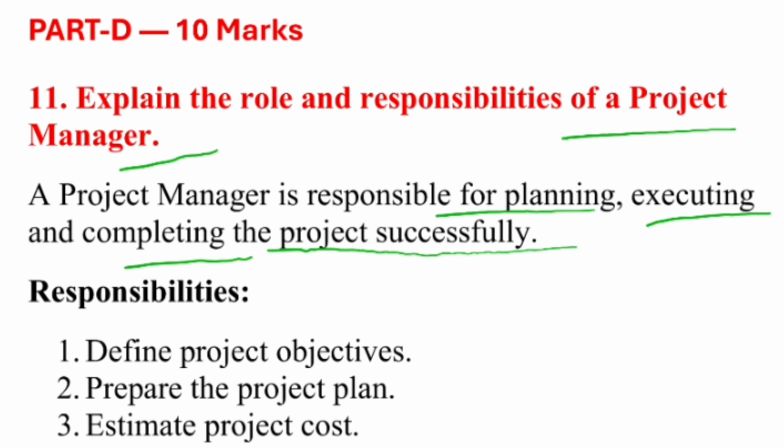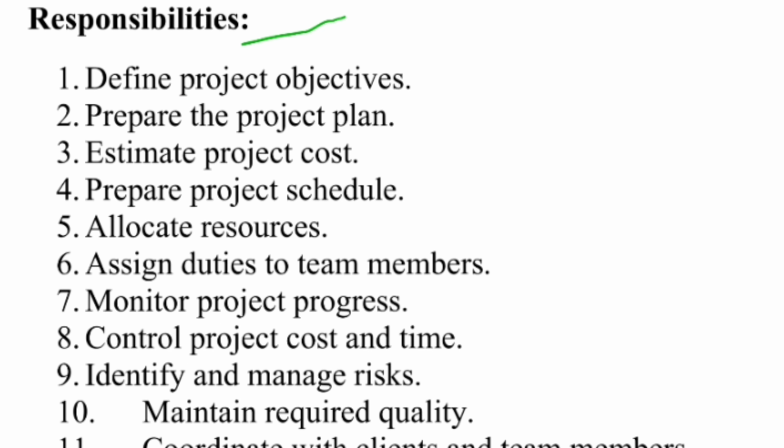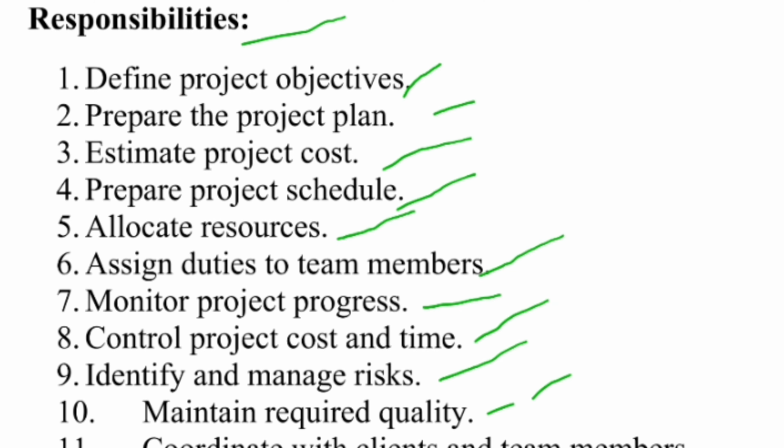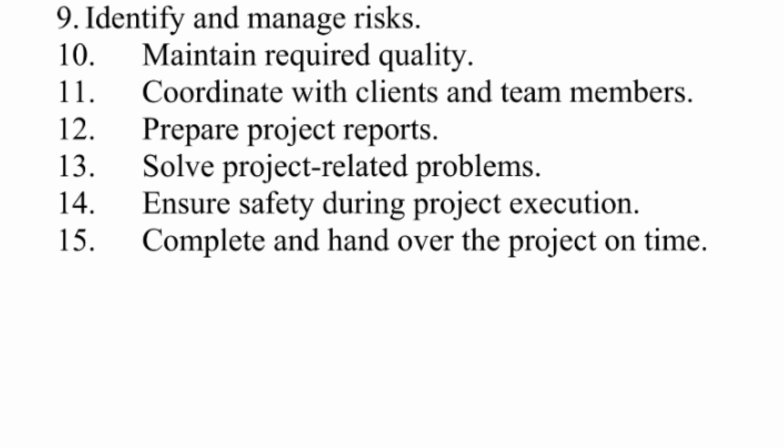Coming to the responsibilities: define the project objectives, prepare the project plan, estimate the project cost, prepare the project schedule, allocate the resources, assign duties to the team members, monitor the project progress, control the project cost and time, identify and manage risk, maintain the required quality, coordinate with the client and team members, prepare the project reports, solve project related problems, ensure safety during the project execution, and complete and hand over the project on time.